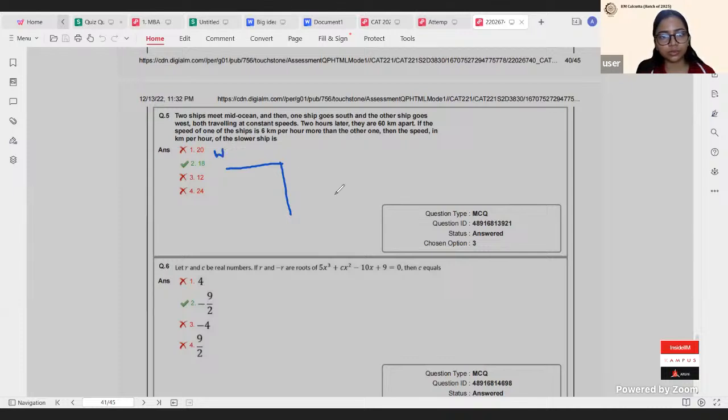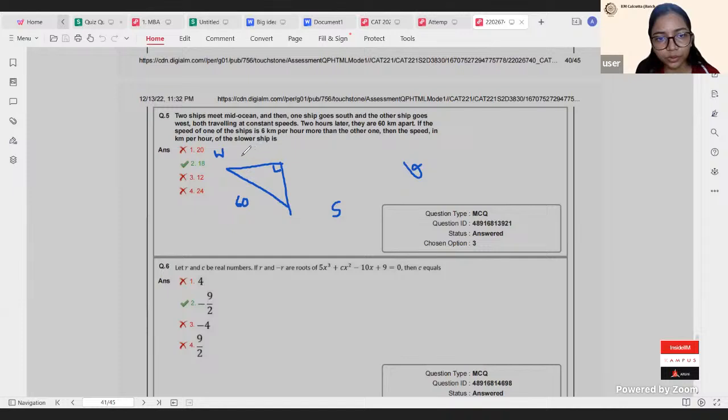This is west, this is south. Both have constant speeds, say v. 2 hours later, they are 60 kilometers apart. So the length of the hypotenuse is 60 kilometers. The speed of one of the ships is 6 kilometers per hour more than the other one, and we need the speed of the slower ship.